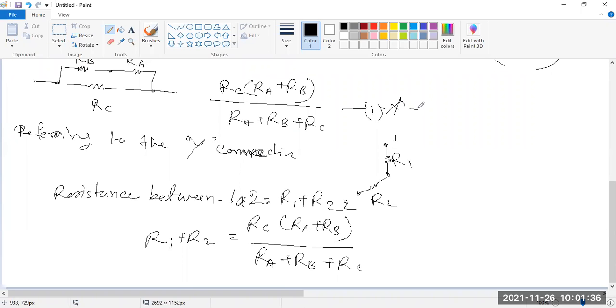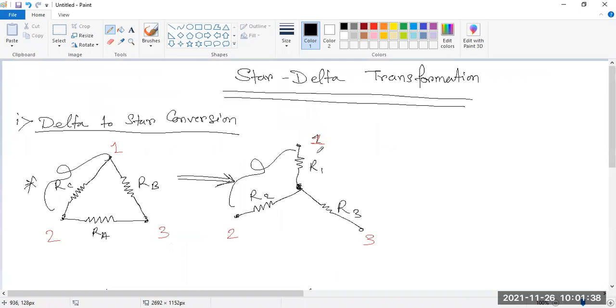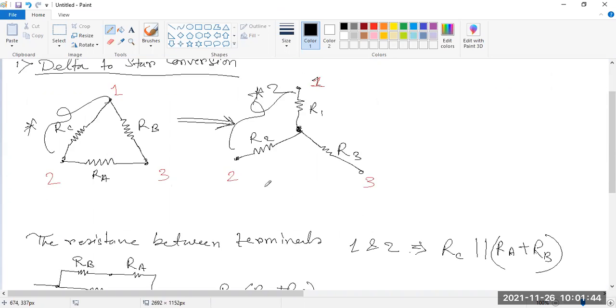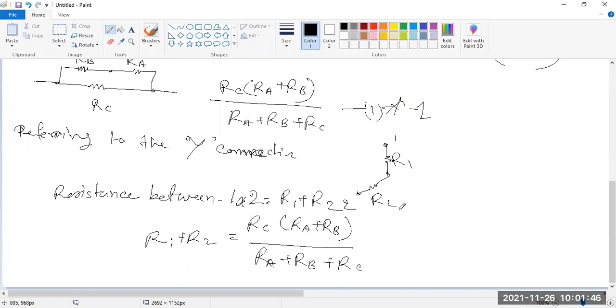And then the equivalent resistance between 1 and 2 for the delta was calculated over here as R1 plus R2, that is star 2. So here star 1 is equivalent to star 2. That's why this is coming.